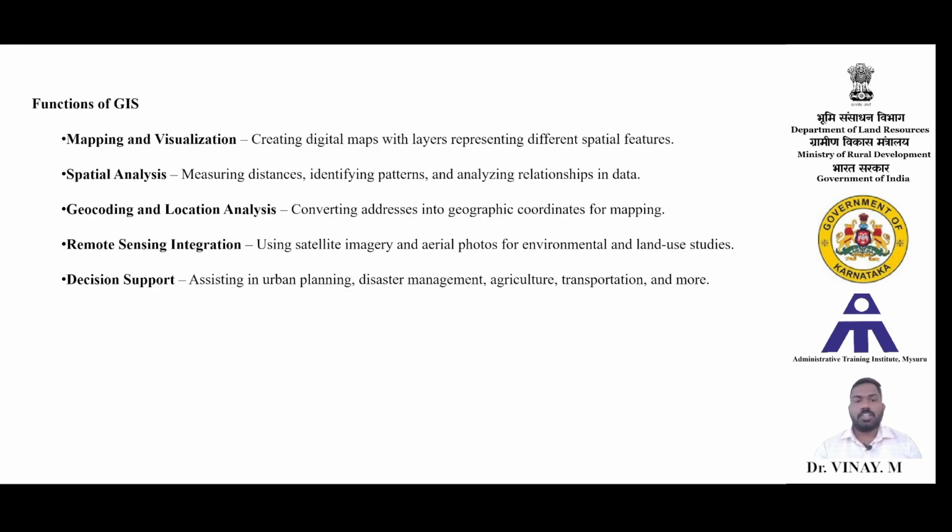So if we look into the functions of GIS, once we know the 4Ws of GIS, then we have to go into the functions of GIS.